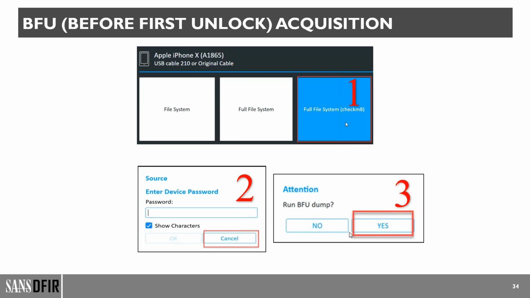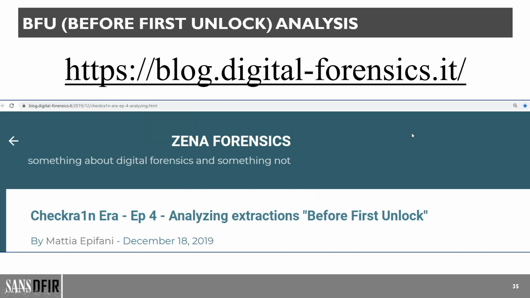And that's the goal of obtaining a BFU extraction. This can be done in these screens. You see Cellebrite UFED doing a BFU extraction. And I also explained in quite some detail what you can get from a BFU extraction.